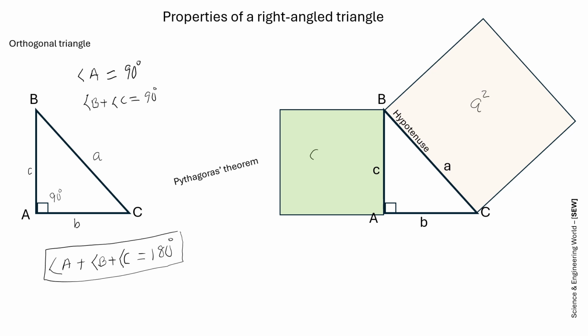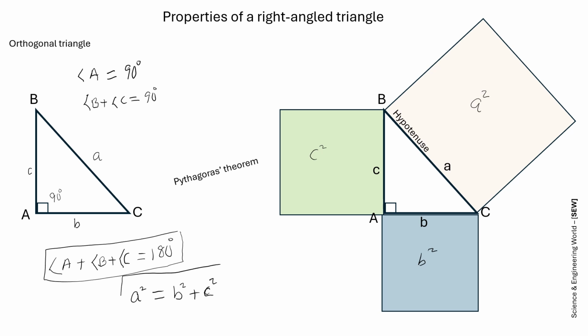So this is c squared, and then the area on the other side, which is b squared. We can now see that a squared, which is the square on the hypotenuse, will be equal to b squared plus c squared. This is the established relationship between the sides of a right-angled triangle.